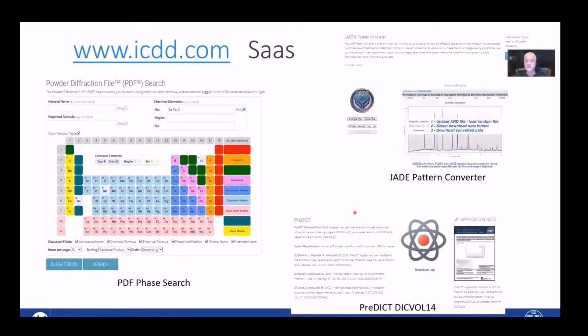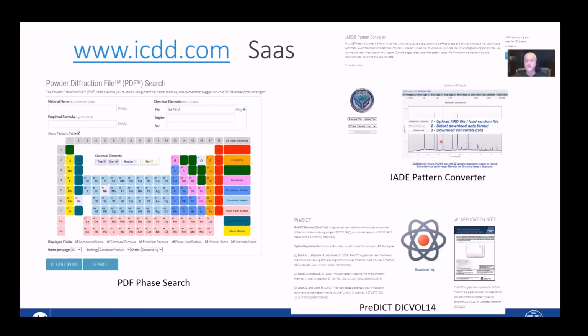Some of the features that we offer on our website, ICDD.com: we have available for free download the DICVOL 14 indexing program from Daniel Louër. We added a graphics interface to it, so it's easier to pick out your diffraction peaks.